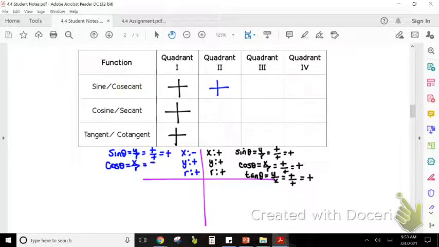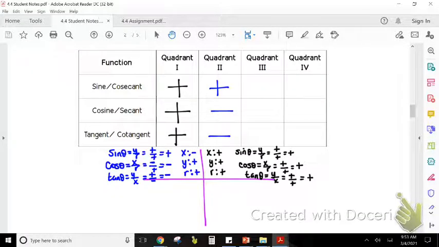In quadrant 2, x is negative, r is positive, and negative divided by positive is negative. So cosine and its reciprocal secant are both negative in quadrant 2. Tangent is y over x. y is positive, x is negative, and positive divided by negative is negative. So tangent and cotangent are both negative in quadrant 2 as well.